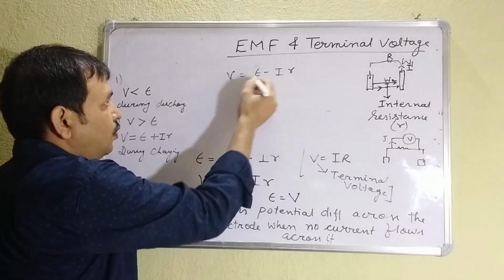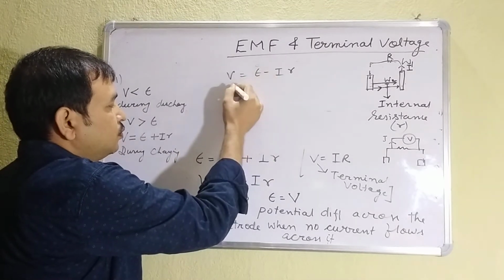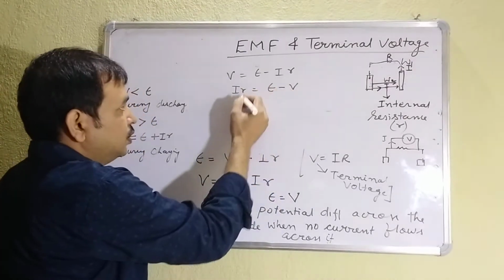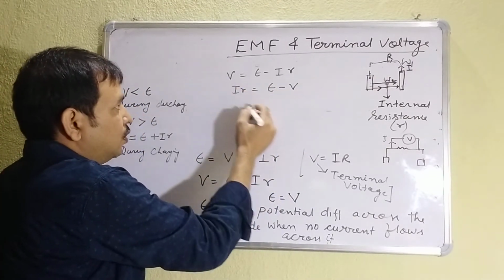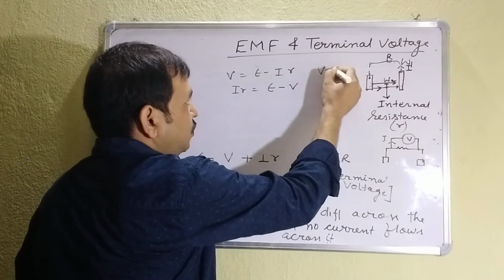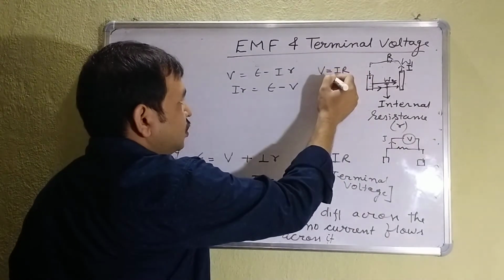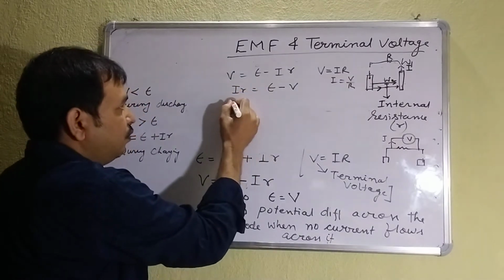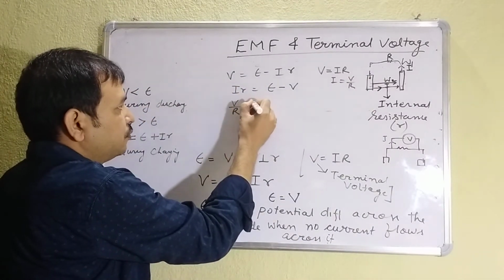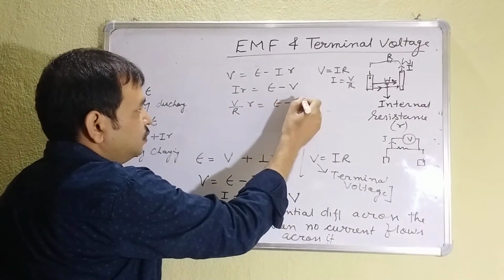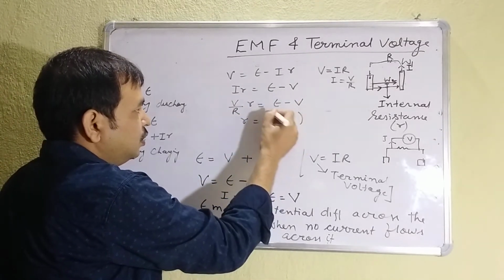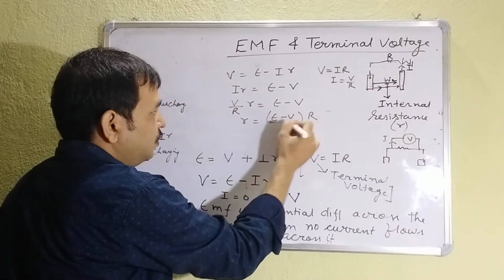Now if you are writing Ir is equal to E minus V. Now we have seen V is equal to I into R. So what is I? V by R. So if we are writing V by R, E minus V, so small r is equal to (E minus V) into R divided by V.